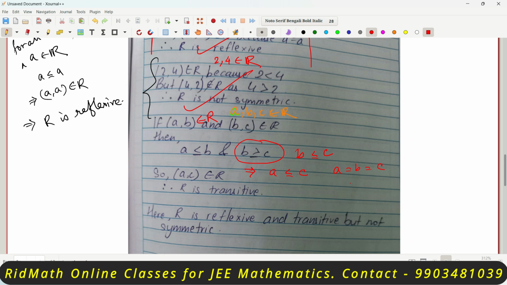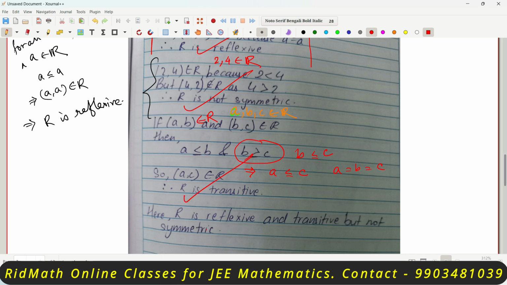Otherwise, if a is less than b and b is less than or equal to c, then a is strictly less than c. It is equal only when a, b, c are all equal. So that means (a, c) belongs to R, hence R is transitive.